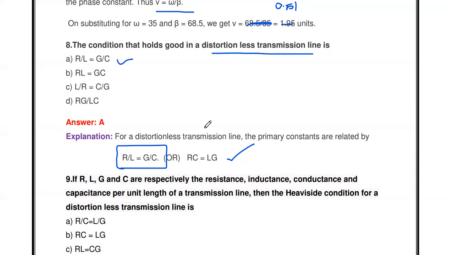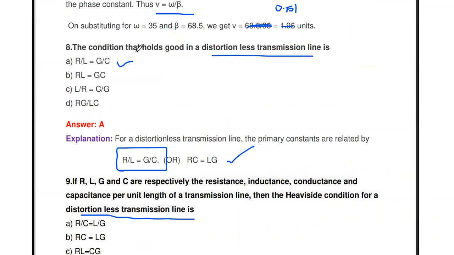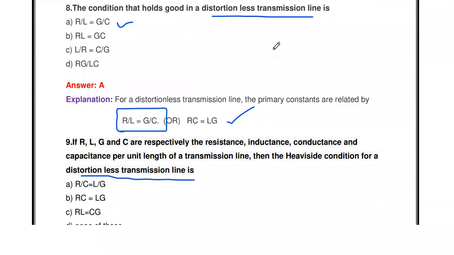Okay. Then the next thing, if R, L, G, C are respectively the resistance, inductance, conductance and capacitance per unit length of a transmission line, then the Heaviside condition for a distortionless transmission line is dash. So it is the same question. What is the condition for a distortionless transmission line?